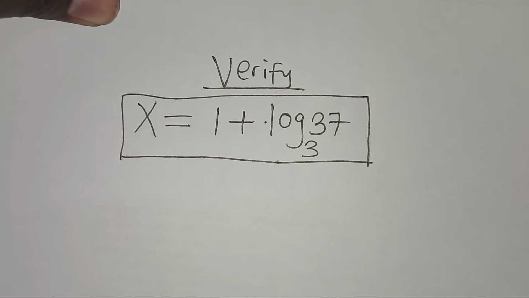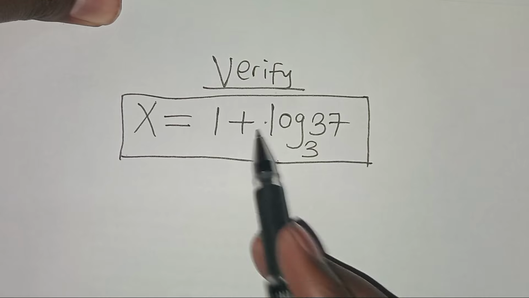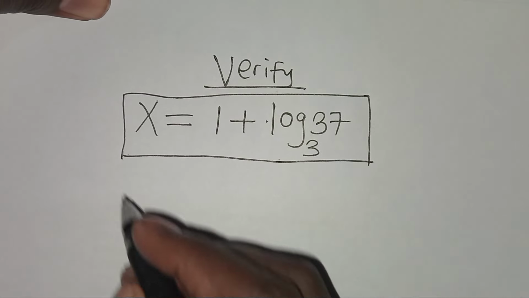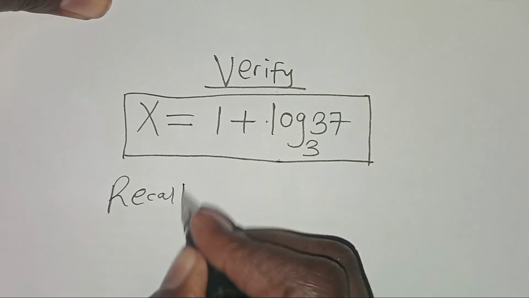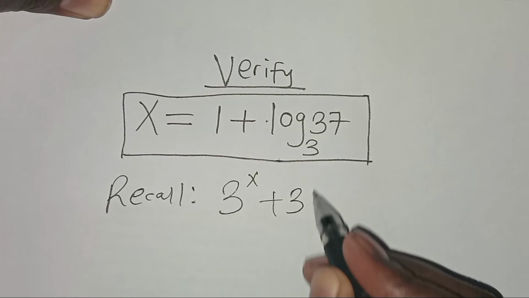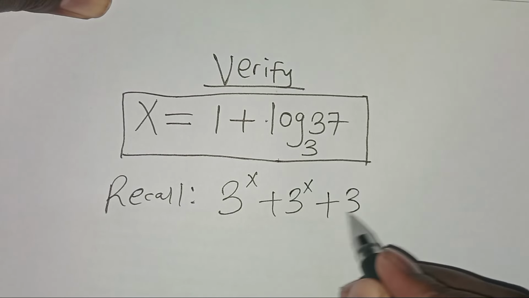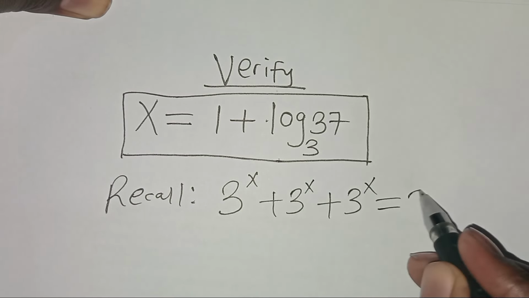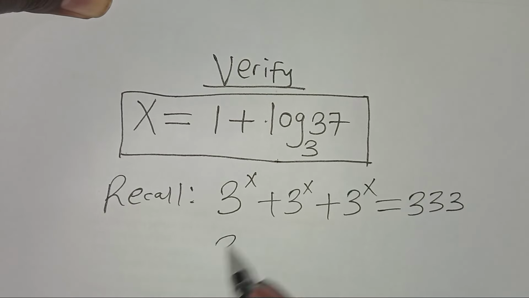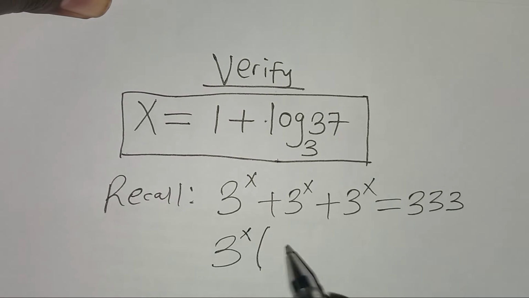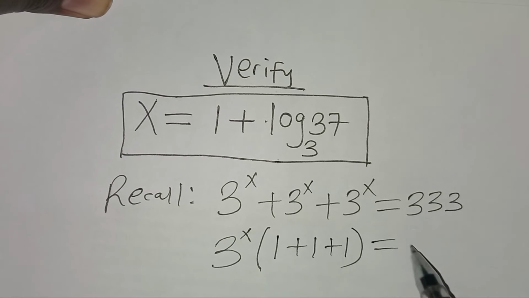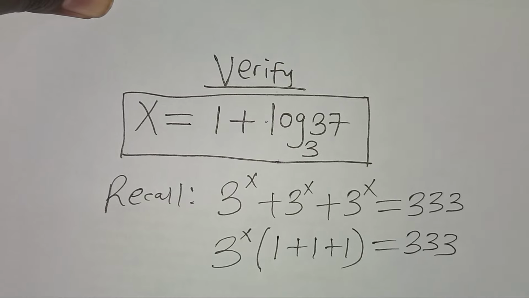Now let's verify that the value of x, which is 1 plus log 37 to base 3, actually satisfies the equation. If you recall, we had 3 to power x plus 3 to power x plus 3 to power x equal to 333. Since 3 to power x is common here, we factor out, so this is 1 plus 1 plus 1 equal to 333.